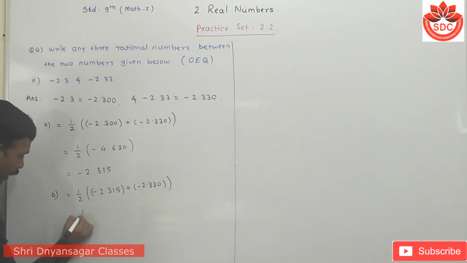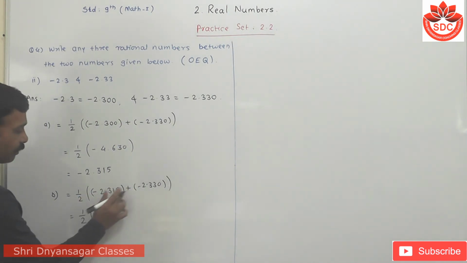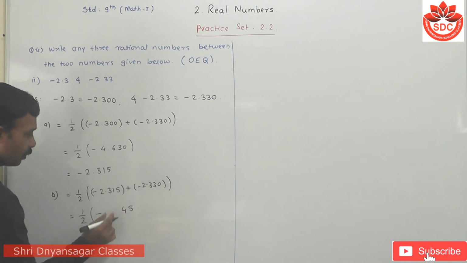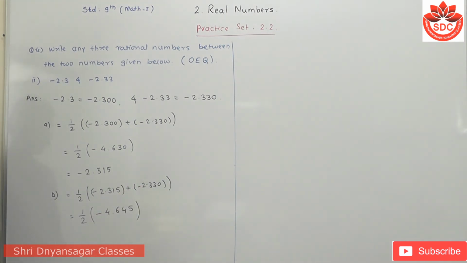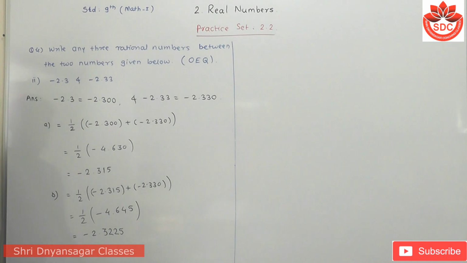Then we write half into, minus as it is, then 5, then 1 plus 3 becomes 4, then 3 plus 3 becomes 6 and 2 plus 2 becomes 4, that is, minus 4.645. Then we divide it by 2, we get minus 2.23 are 6, 2 2s are 4, then 2 2s are 4, 1 carry becomes 5, 2 5s.